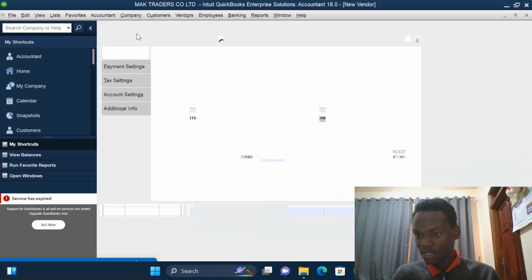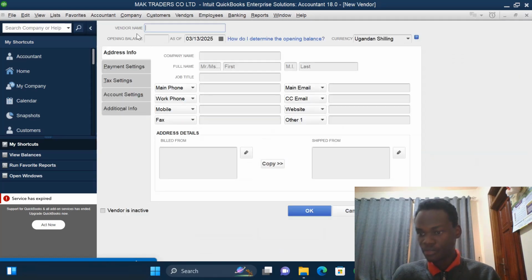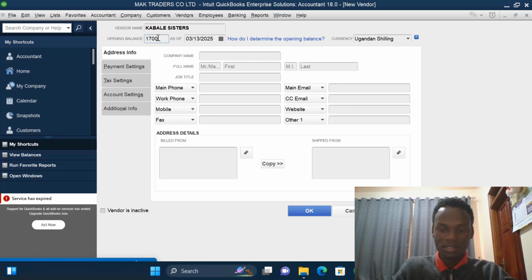So the first vendor, our supplier is Cavalry Sisters. And opening balance for Cavalry Sisters is 1,700,000. And the date, we still see it's 1st January 2023.